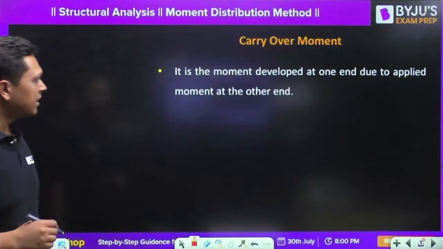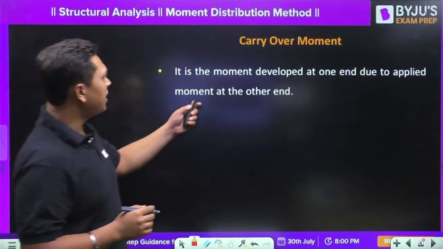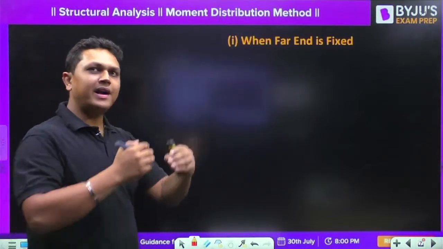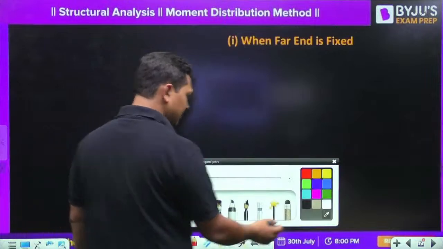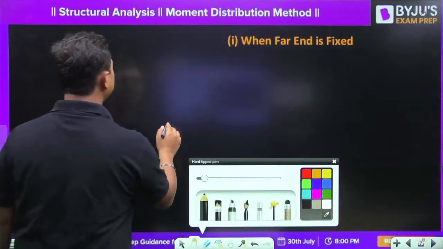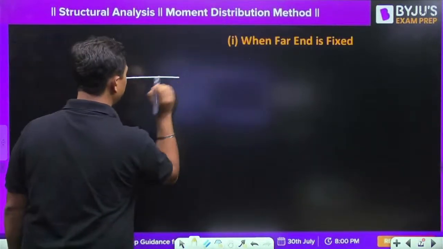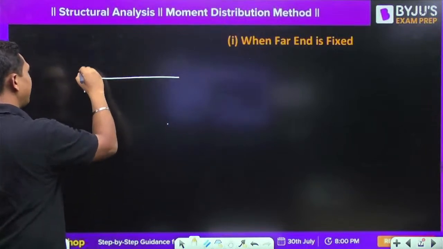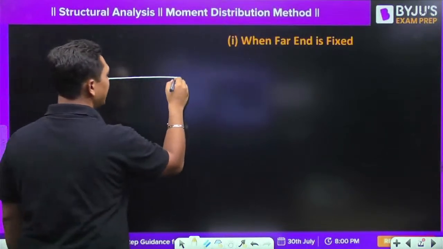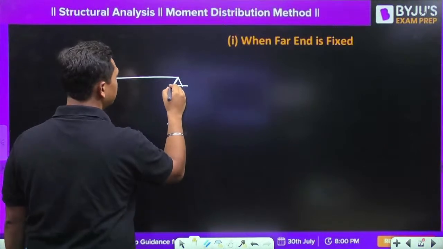What does it mean? Suppose you have a beam in which the far end is fixed. Now let us understand what is carryover moment. So if you have a beam like this, in which the far end is fixed over here, and there is, let us say, a pinned support over here.